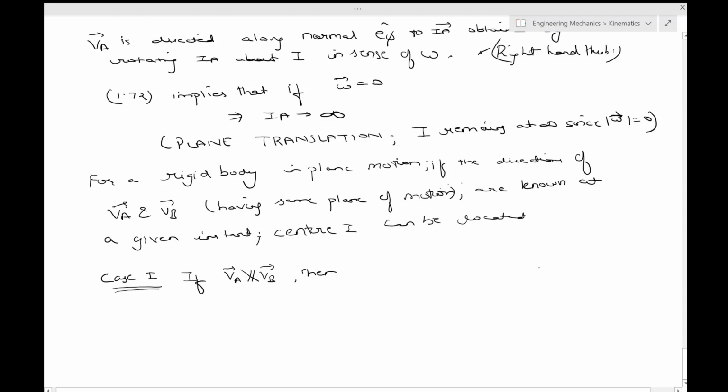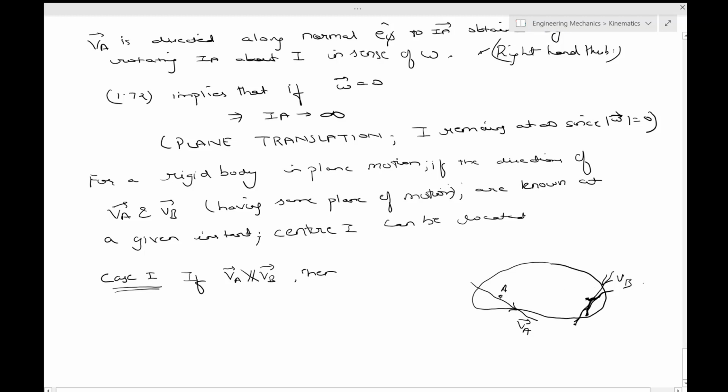If this is a point B, this is a point A, and this is the direction of VA and this is the direction of VB, now it does not mean that it has to be a plane motion, it can be something like this, so that at this instant the velocity of B is in this particular direction.